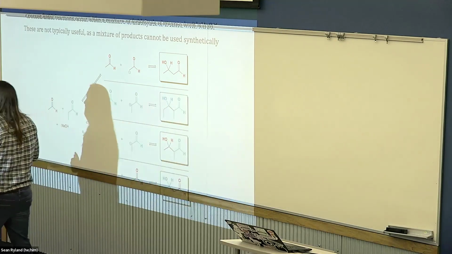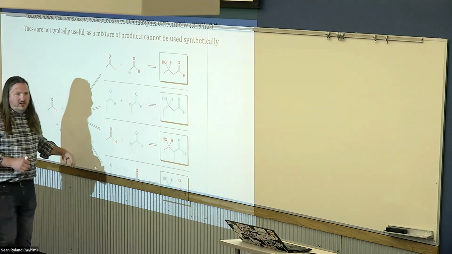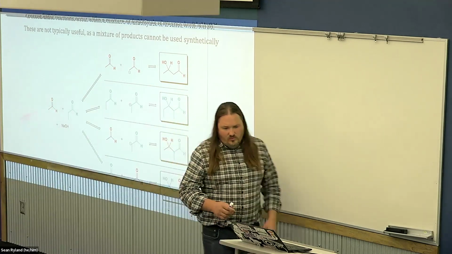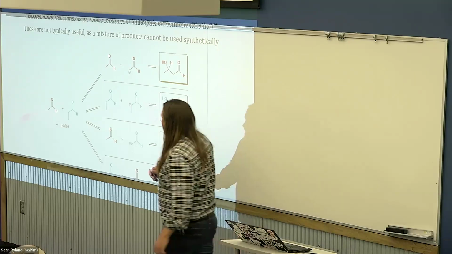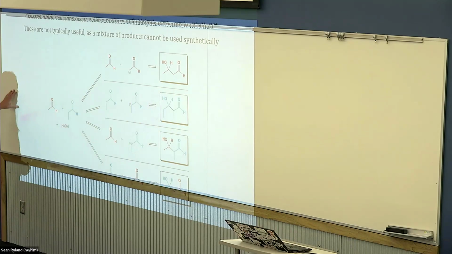All right, so let's look at what we get when we have the enolates, these mixtures of enols and enolates. This is what we get when we treat a combination of carbonyls with a strong but not strong enough base.